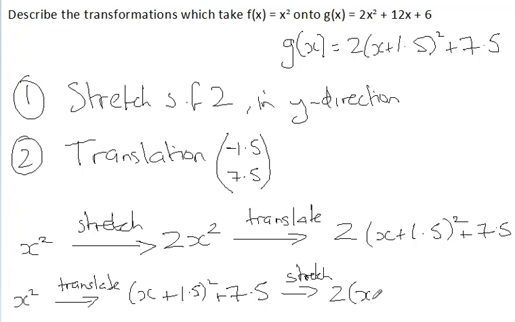So I get 2(x + 1.5)² + 15, which is certainly not correct. So a translation and then a stretch wouldn't work. So we do have to, in every single case, do a stretch first and then a translation. So I hope that helps. Thanks a lot. Bye.